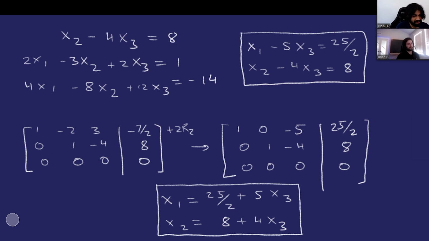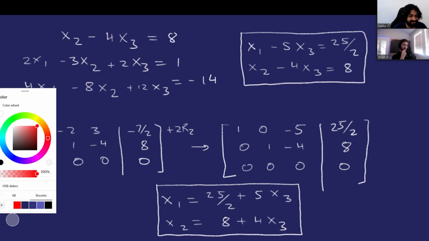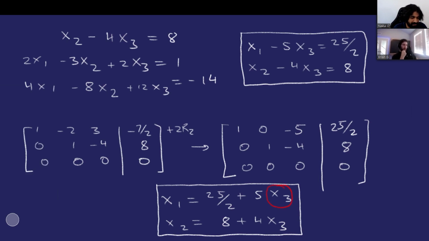In our row reduction process, all the moves that we did were legal moves, right? So we did not lose any information going from this system to this system. However, this system of 3 equations turned into a system of 2 equations. Another thing I want you to note: this variable, x3, is what we call a free variable. The idea is, pick your favorite value for x3.